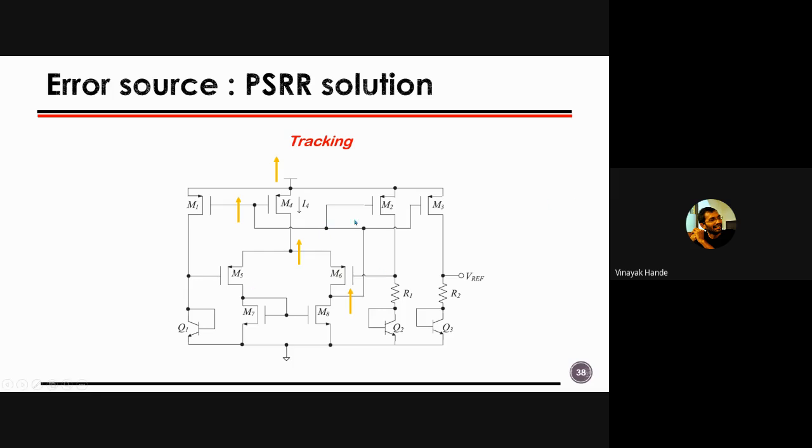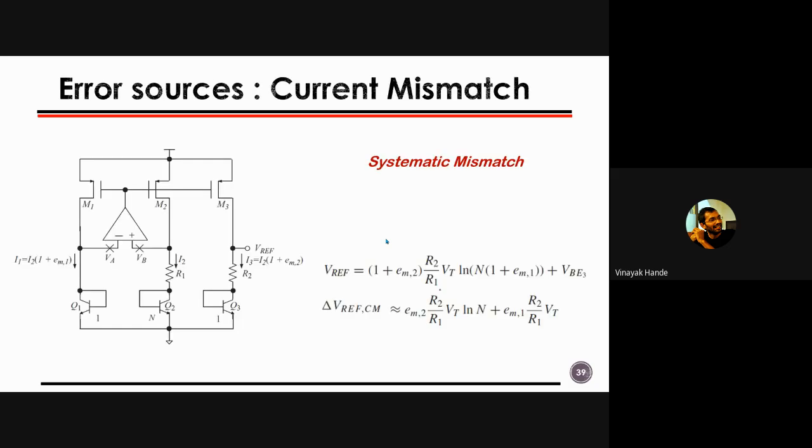Means you can connect a cascode arrangement along with this circuit, another branch, another layer of transistors on top of this transistor, with some circuit arrangements, so that you can shield the reference voltage from VDD. So it will not directly leak into the reference voltage output, right? This is one of the error sources.